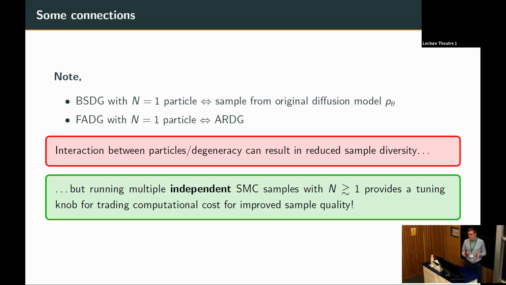Whereas if we just apply 1 SMC algorithm with a lot of particles, there will be interaction between those particles and they will degenerate. This can then result in reduced sample diversity. So instead we run multiple independent SMC samplers with few particles, and the number of particles can be viewed as a tuning knob for moving from one of these base algorithms to something more efficient.